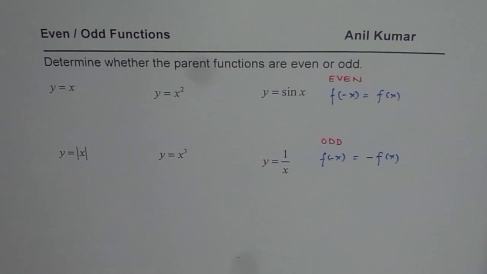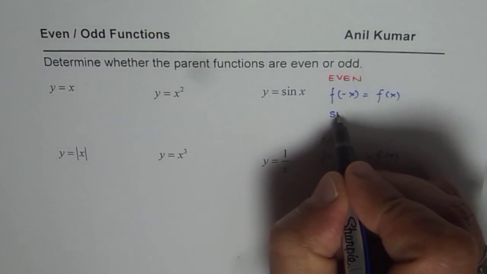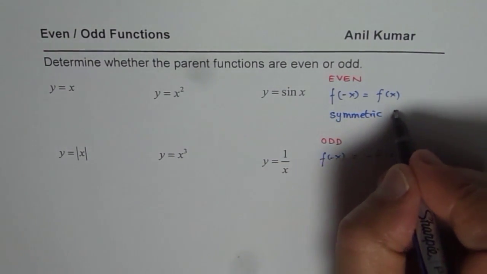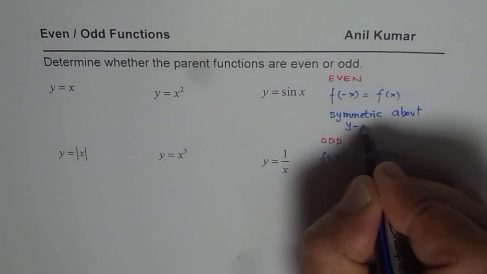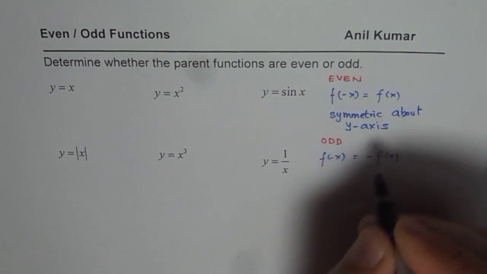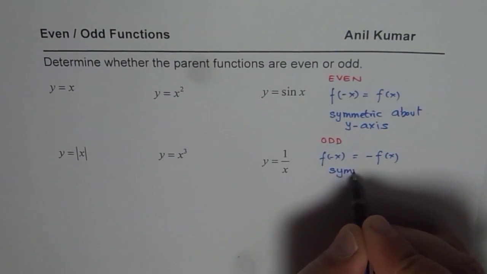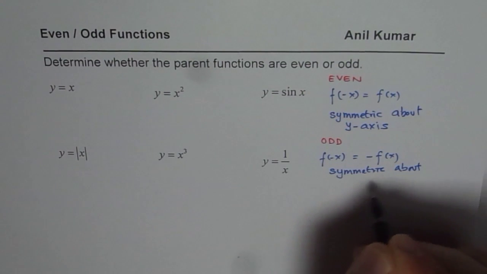And the second part is that an even function is symmetric about the y-axis, and the odd function has a point symmetry. So it is symmetric about the origin, that is the point (0, 0).